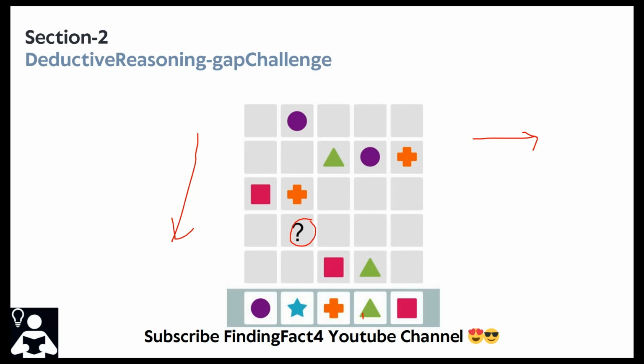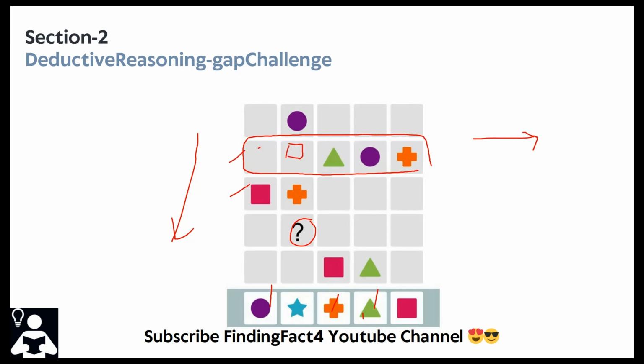If you look over here in this column, it is filled with triangle, circle, and a plus. We need to fill it with a star as well as a square. As square is already present over here, we cannot fill a square in this one.